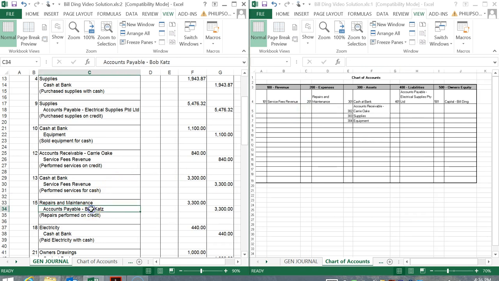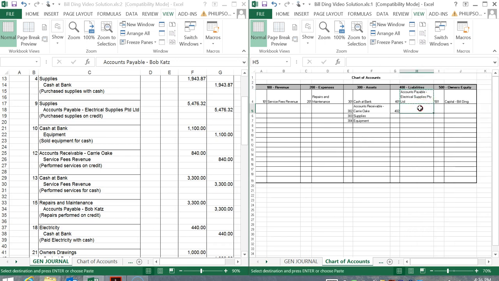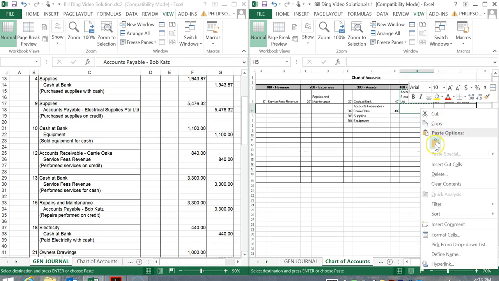Ooh, accounts payable, Bobcat, so we've got 2 accounts payable. What I've said to people is that I don't mind if you do 401 and 402 for separate accounts payable. But essentially what happens in real life is that a business will have numerous accounts receivable and numerous accounts payable, and we use the concept of sub-accounts.